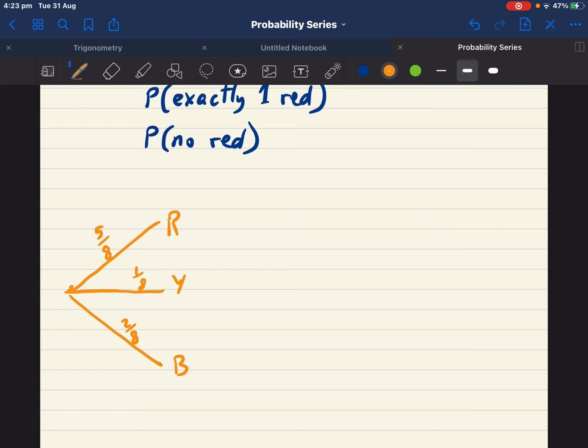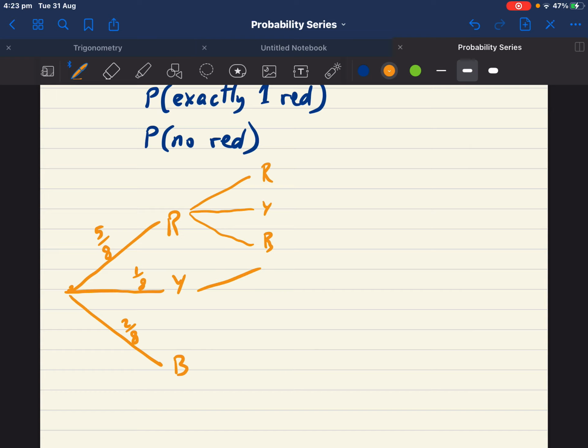All right, the first ball has been taken out. Let's move on to the second one. So going up to this red ball, this first branch, we took out a red ball. How many different options are there for this second ball? Well, there's going to be 3. You could get for your second ball red, yellow, or blue.